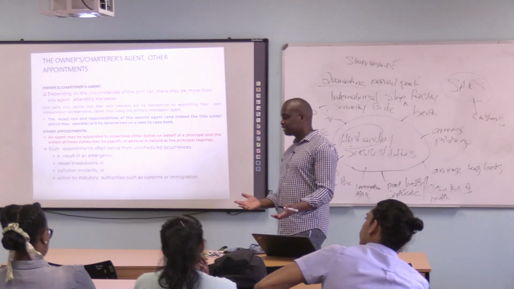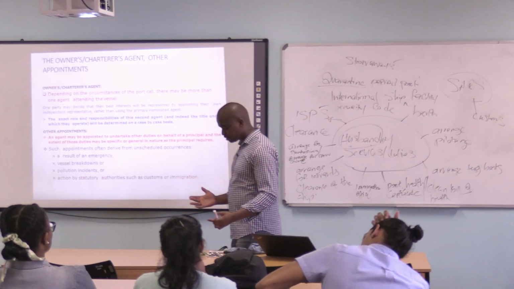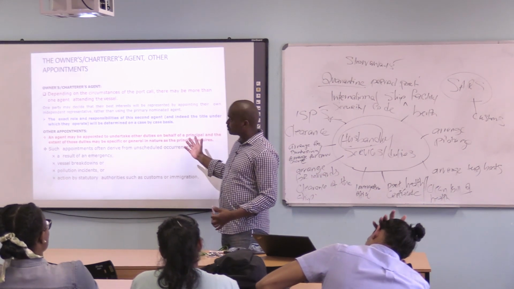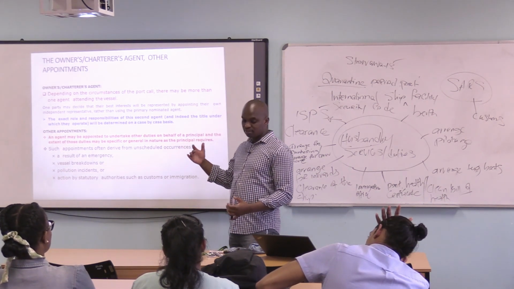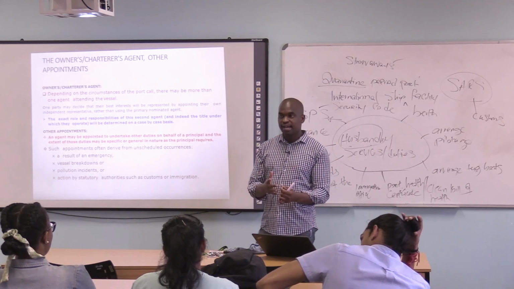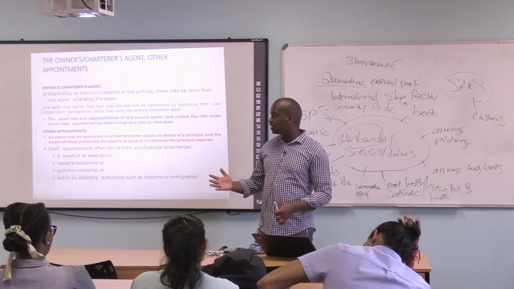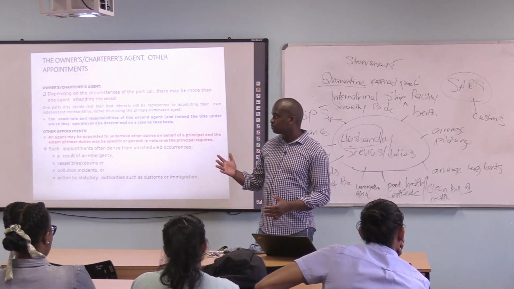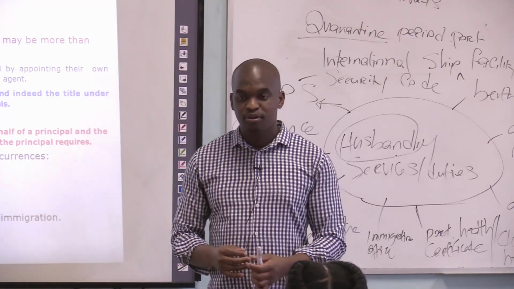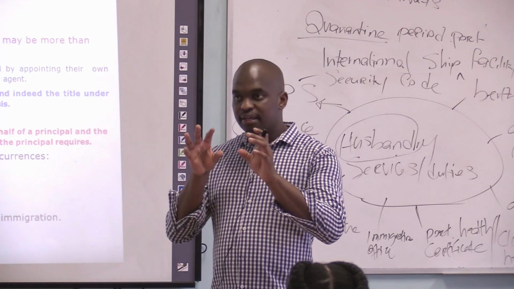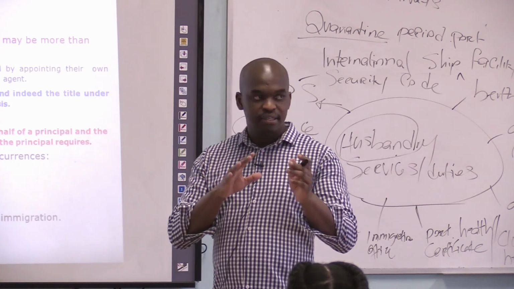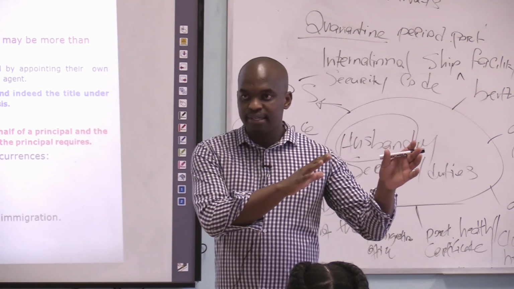So basically, this explains that when the ship comes alongside, you might find that more than one agent would visit that ship, because there are different parties that would be interested in that vessel.